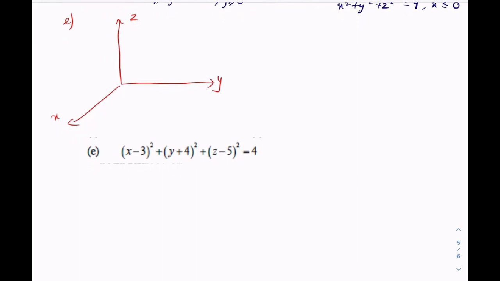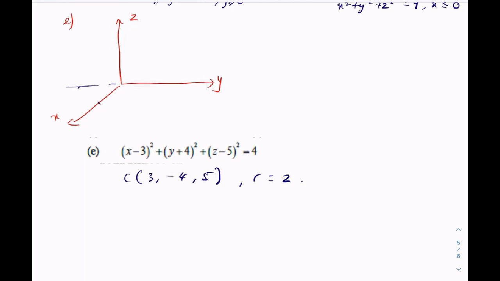This one, recall back the general equation. So now the C equals to 3, negative 4 and 5, and the R equals to 2. We have to locate the center first. Okay, 3 somewhere here.